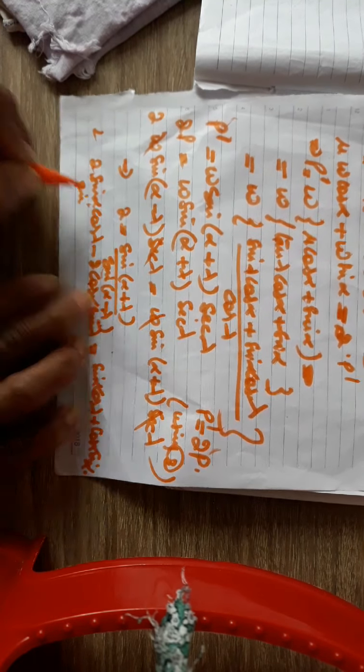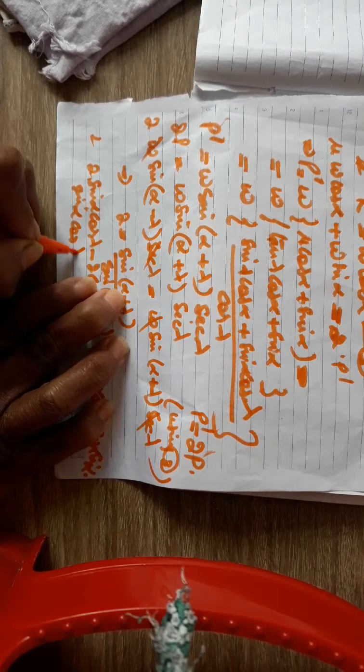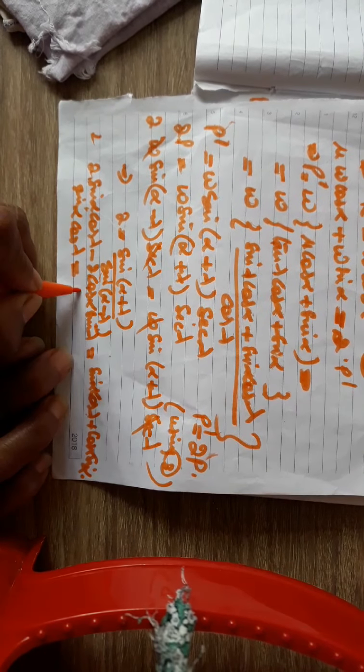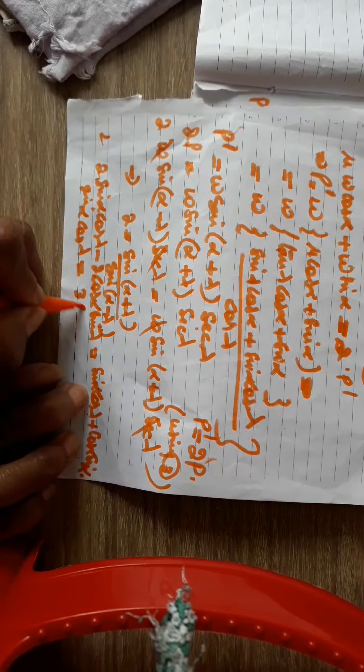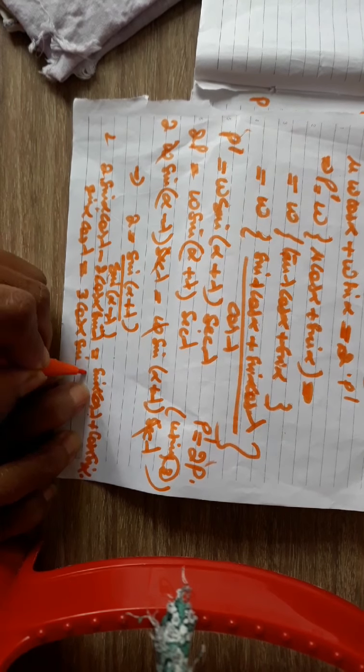What remains from the left hand side is sine alpha cos lambda is equal to, bring this to this side, 3 times cos alpha sine lambda.